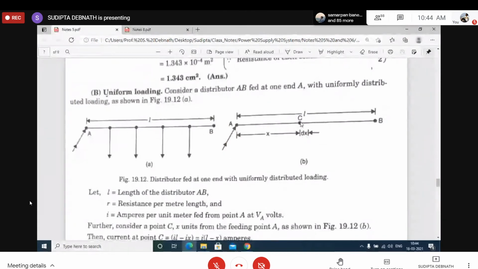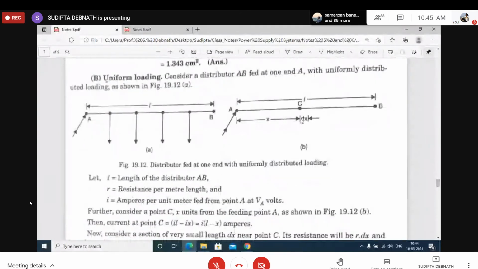So what have they found out? They have found out the voltage drop in this small section dx. Now, what have we considered? We have considered three things: total length L, r, the resistance per unit length, and i. Now, if the resistance per unit length is r, what is the resistance over this cross section? r dx.